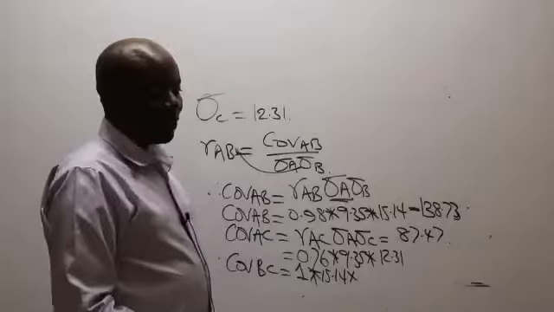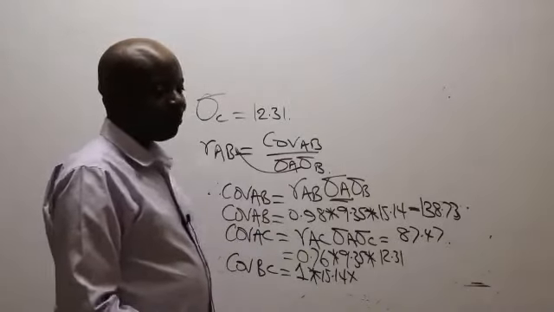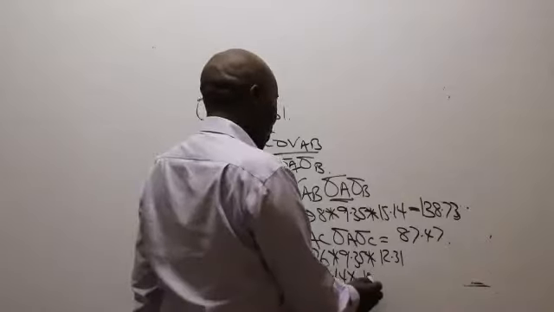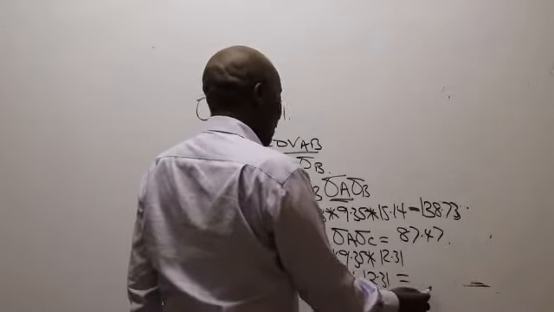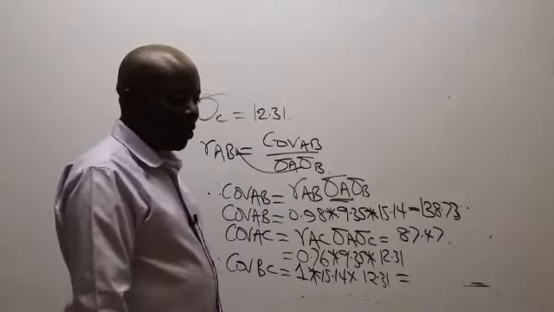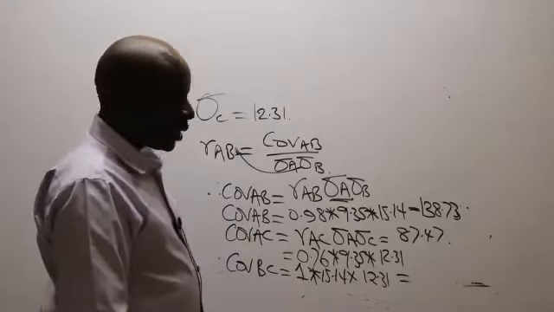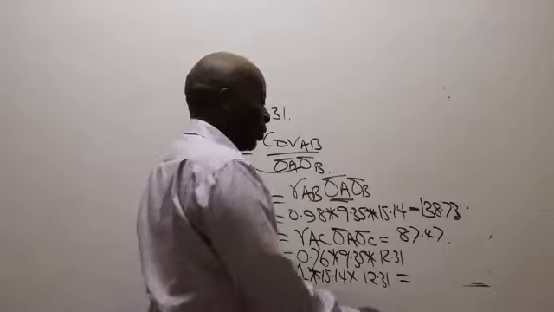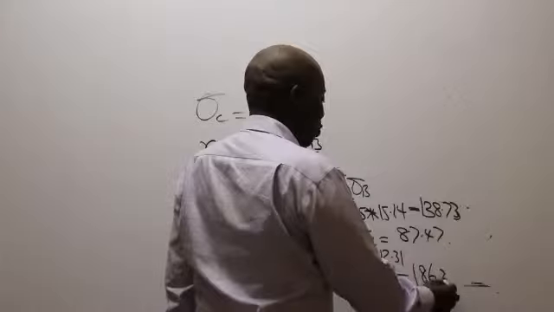What is the standard deviation of C, somebody? 12.31. Thank you so much. So then ultimately, what shall we get as the covariance of B and C? 186.37. Thank you.